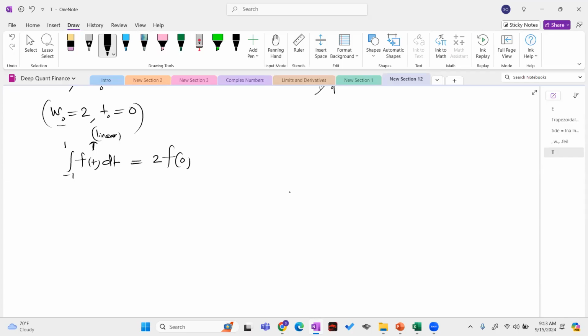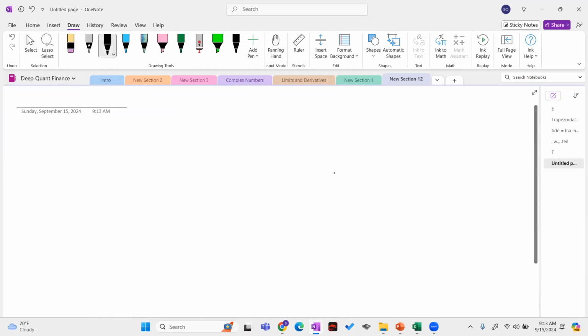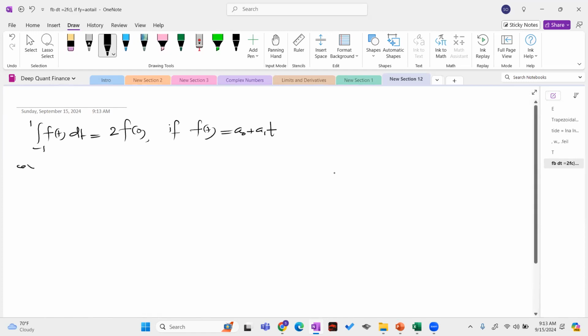What, really? Let's verify this. Do I have enough page? Maybe I'll take another page. So we are saying the integral from -1 to 1 of f(t) dt is 2 times f of 0 if f of t is linear, something like this, a0 plus a1t. Example, let's say, what should we take? -1 to 1, any linear function, 2t plus 4, for example, dt.